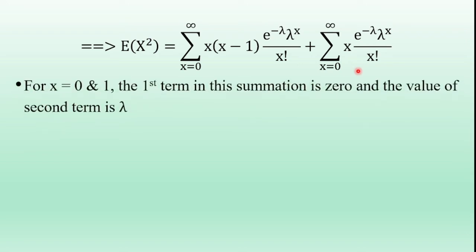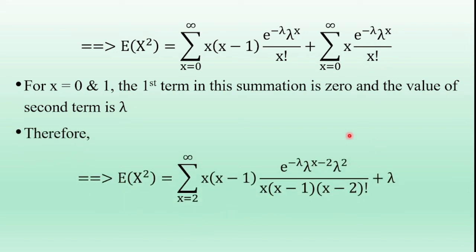So therefore, substituting x is equal to 0 and x is equal to 1, the first term in the summation is 0, and the value of the second term is the mean value of the Poisson random variable, that is lambda. So therefore, expectation of x square is equal to, after substituting x is equal to 0 and x is equal to 1, the remaining values of x are 2 to infinity.